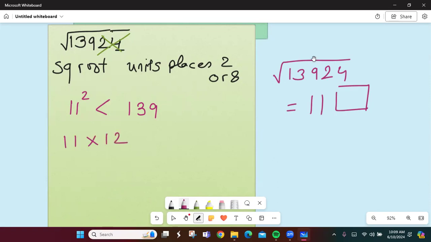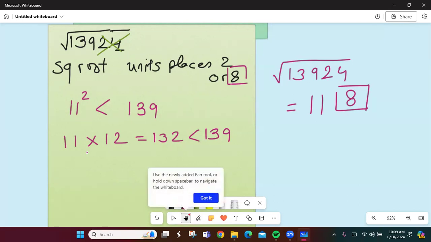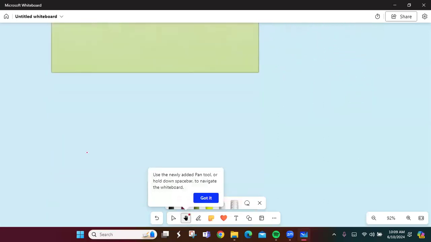Now 11 into 12 is 132, and 132 is less than 139. Since the less than sign has come, I'll select the greater of the two digits. So I'll select 8 here, and hence the square root of 13,924 is 118.